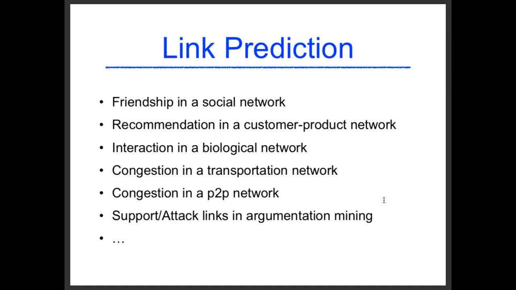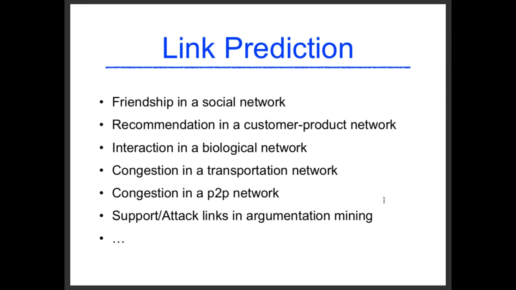For link prediction, I'll be quick. It's similar. You want to detect, predict, or infer whether there is a relation between entities. This could be friendships in a social network, could be a recommendation, and we will see an example of that later, where nodes are of different types.